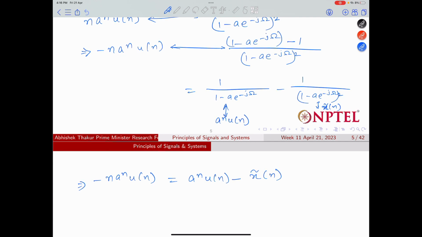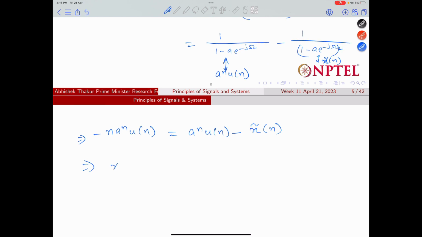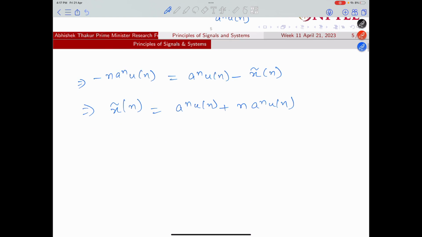Now taking x tilde of n to the left hand side, we get that it is equal to a to the power of n u[n] plus n into a to the power of n u[n]. Taking common, we get (n plus 1) a to the power of n u[n].